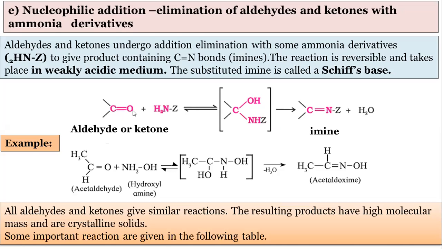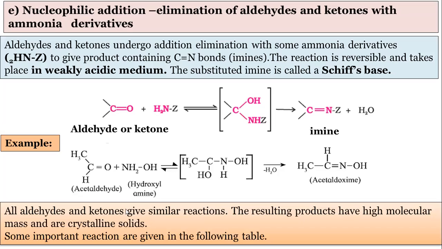See, this is a carbonyl carbon C=O, and this is the ammonia derivative NH2Z. What is happening? This oxygen and these two hydrogens will be removed as a water molecule, and an imine type of product is formed. What is an imine? C=N. Such a product is called an imine.